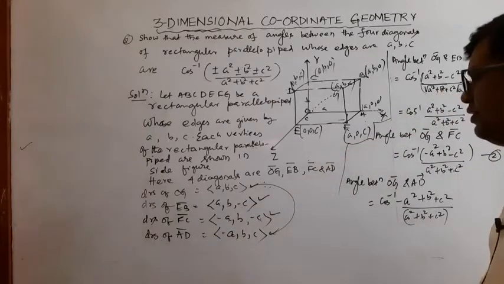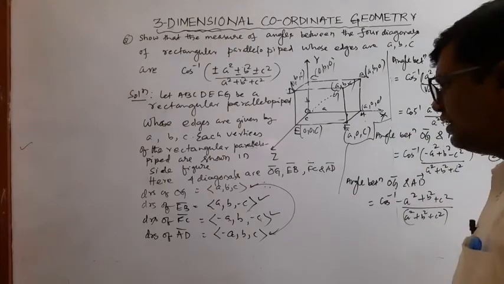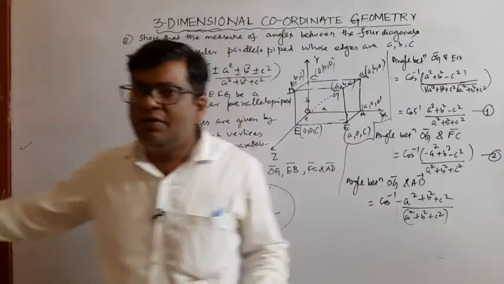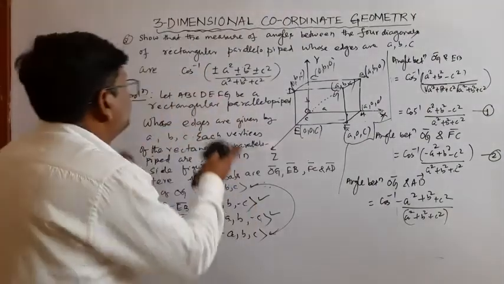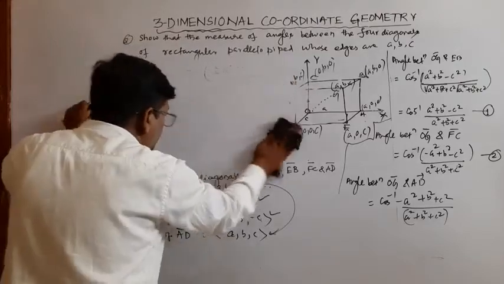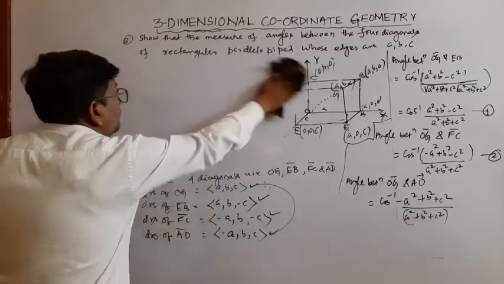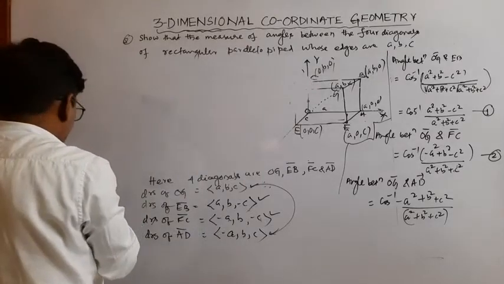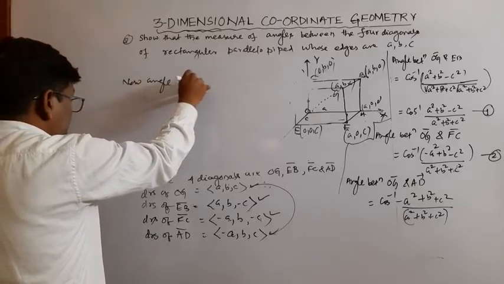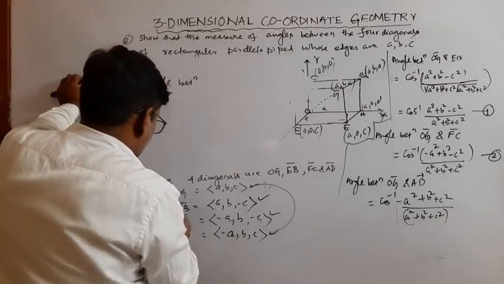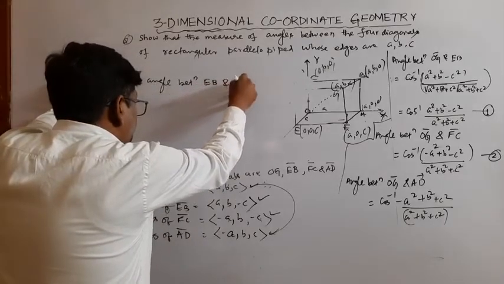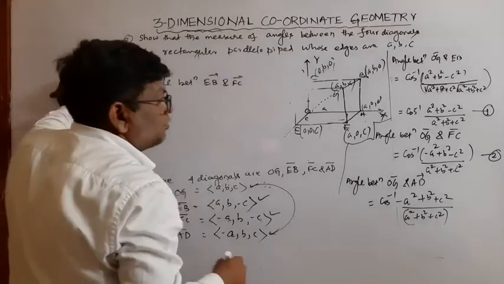Now angle between what? FB and FC. Now angle between EB and FC. So this is suppose 3.